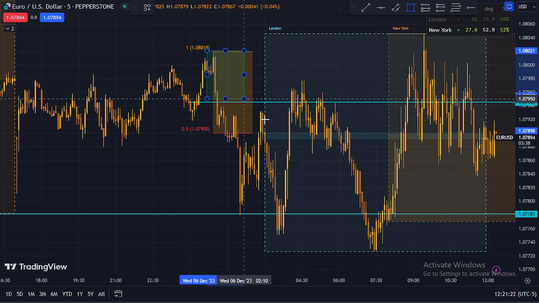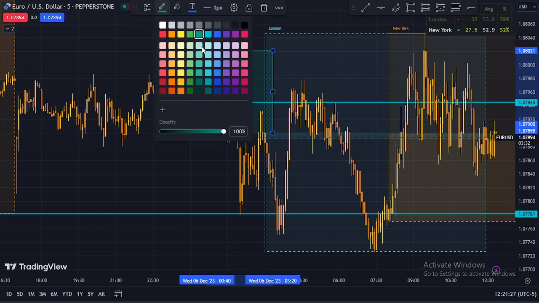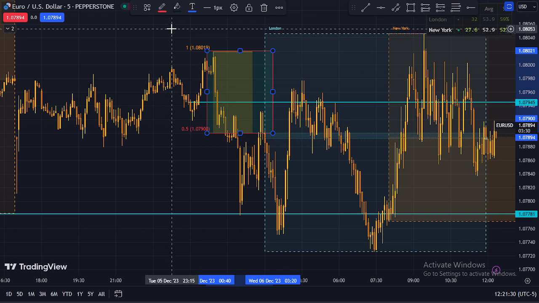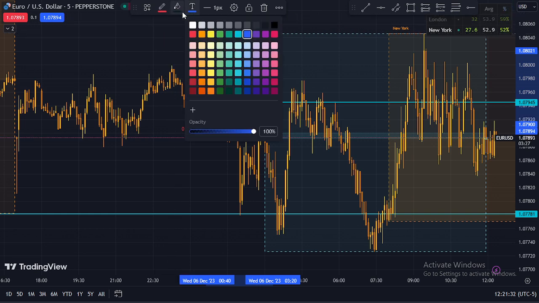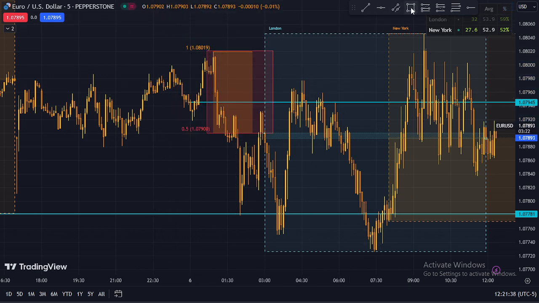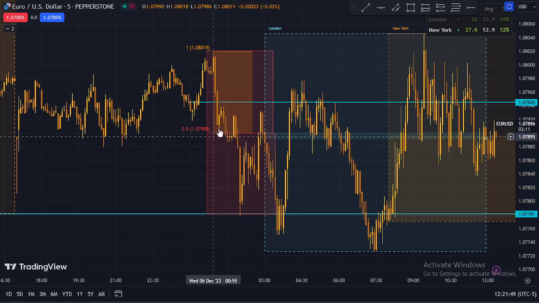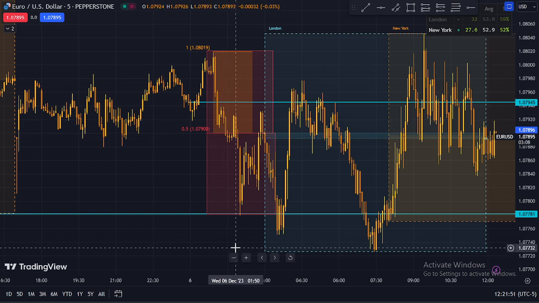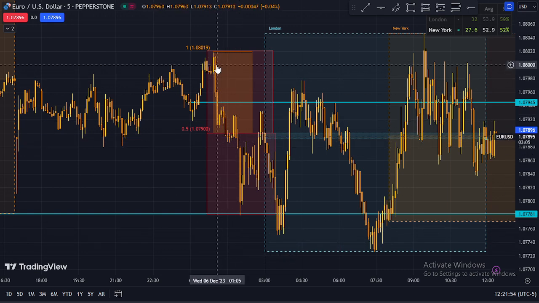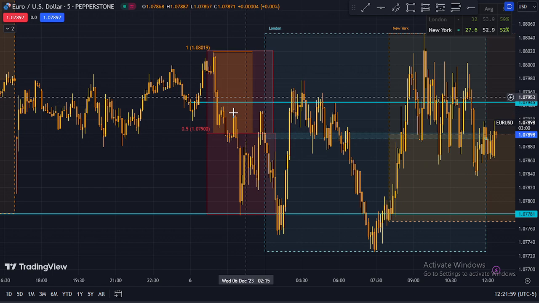Let's see from that, let me mark that, yeah, see that, then we have this from there all the way down to there. So you may ask yourself, why this high and this low? This is because this is the dealing range. This is the range that we are in, and this is what we'll be using.